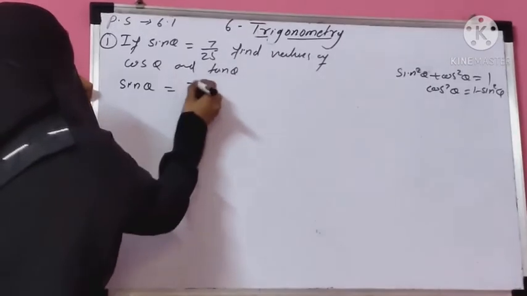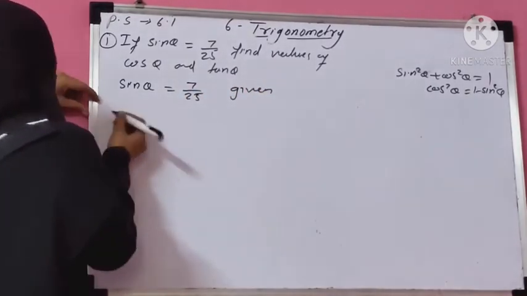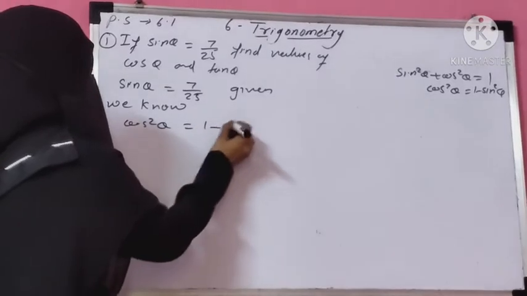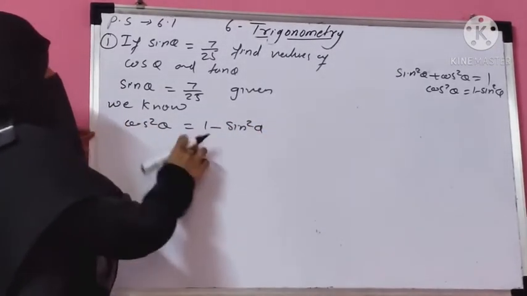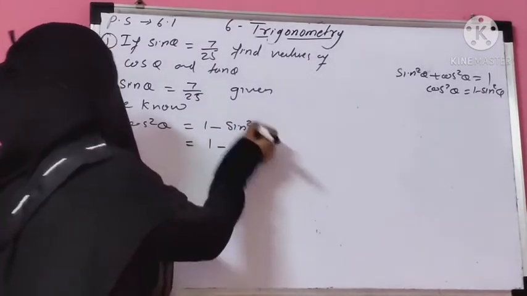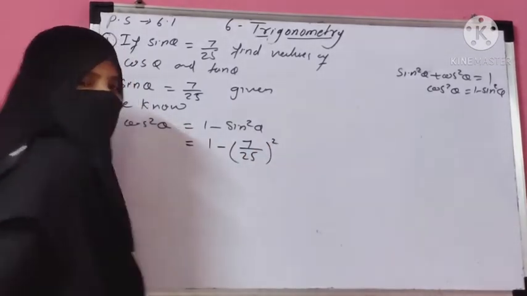So let's start. Sin theta is equal to 7 upon 25, given. We know cos square theta is equal to 1 minus sin square theta. Now substitute the value. 1 minus 7 upon 25 whole square.